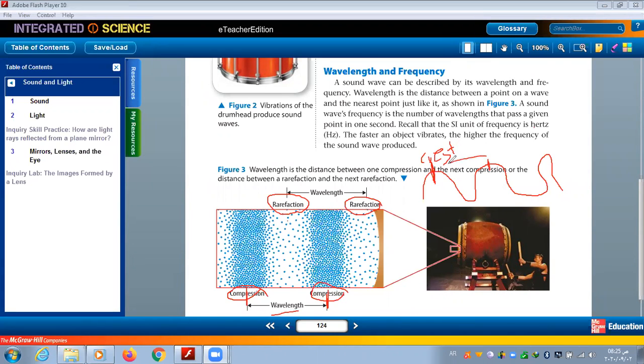This is also called what? A wavelength, or between trough and trough. It is the distance between two same successive points. Successive means they come after each other, just the next one, okay? I hope it's clear for everyone. What does it mean, wavelength? Any other one again want to understand the meaning of wavelength?